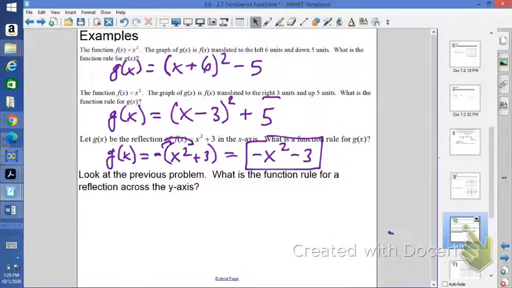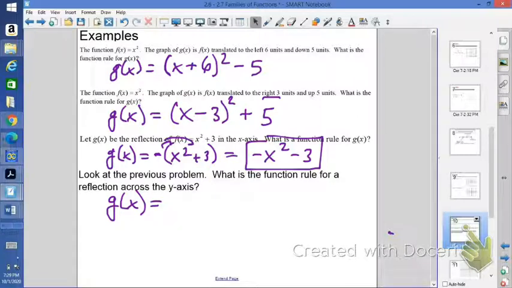Alright, and then the last one, look at the previous problem. What is the function rule for a reflection across the y-axis? Here all you're doing is plugging in a negative x. So you're just multiplying the x by negative 1. So not the entire function, just the x.